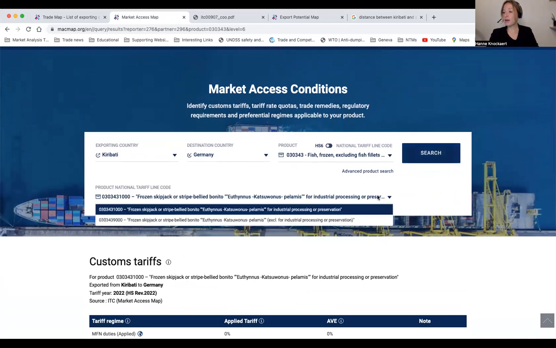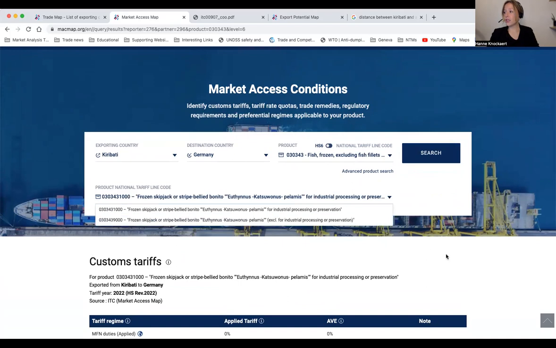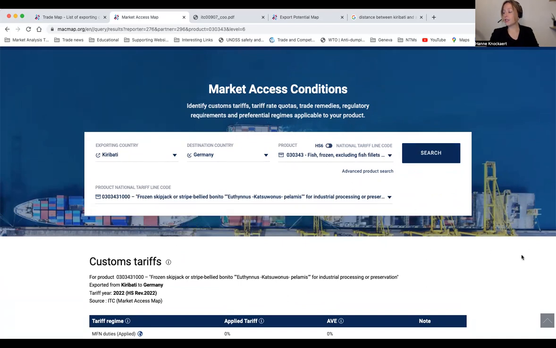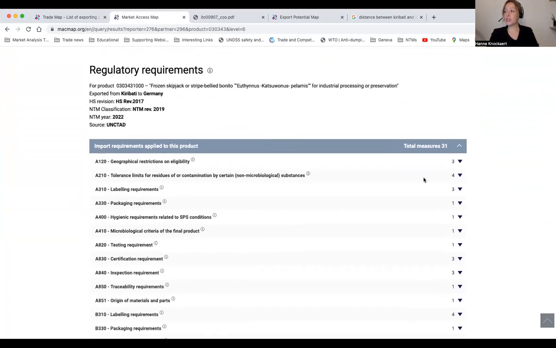Again, we can see Germany has 2-digit codes underneath this one, the HS6 level. We scroll down and we see that Germany actually has a lot of information on the terms under which you can export to Germany. So these are not related to any trade agreement. These are regulatory requirements that you need to comply with to even be able to enter into these markets.